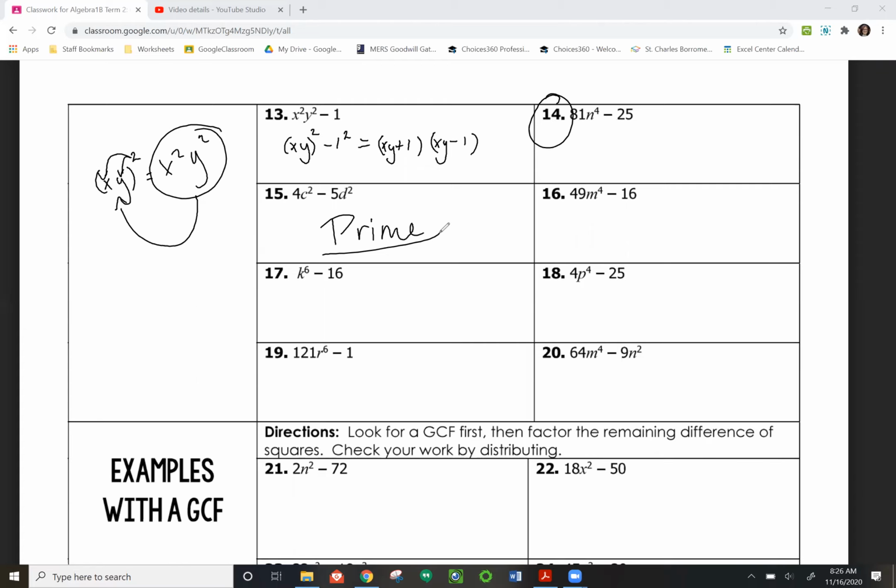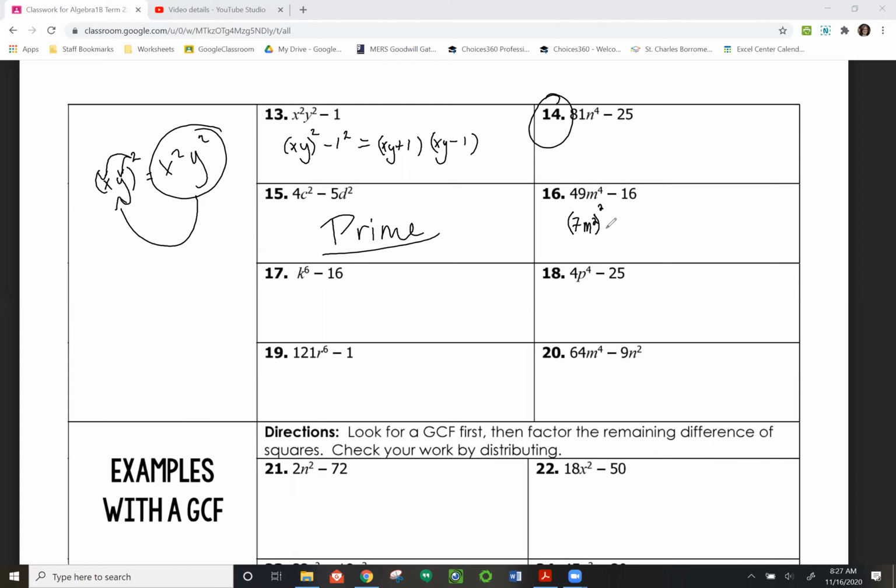Okay, so 16, let's see if we can do this. 49m to the fourth. I've never seen this before. To the fourth, we need it written to a squared power. Is that going to affect how we do this? Well, 49 is the same thing as saying 7 squared, right? And m to the fourth is the same thing as saying m squared, squared.